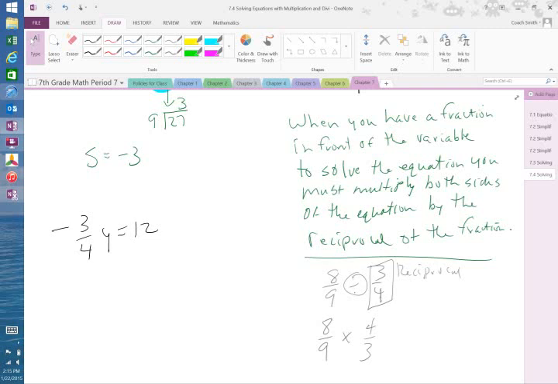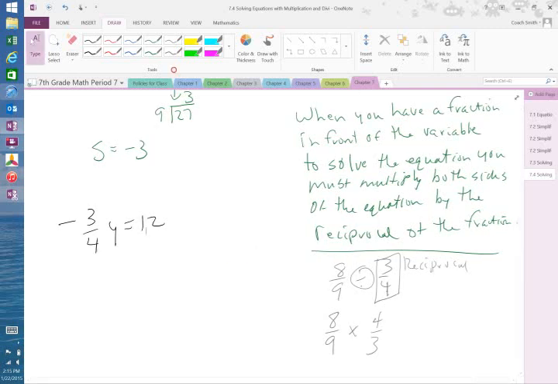There is no sign in between the variable and the numbers, so that means multiplication. Well, what is the inverse of multiplication? Division. So realistically, we have to divide this by 3/4. But when we divide by 3/4, we just proved that you multiply by the reciprocal. You don't actually divide. So that's what we're going to do in this problem. To solve this problem, we're going to multiply both sides by -4/3. 4 over 3.